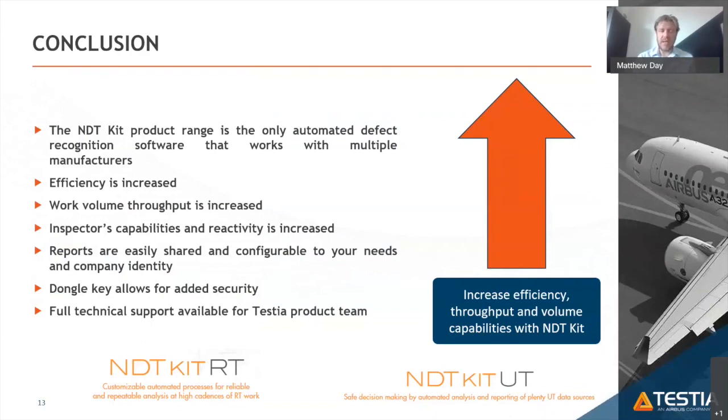Reports are easily shared and configurable to your needs and company identity, more importantly. And we can have it via a dongle, which allows for added security. Full technical support is available from Testia, from the product team.